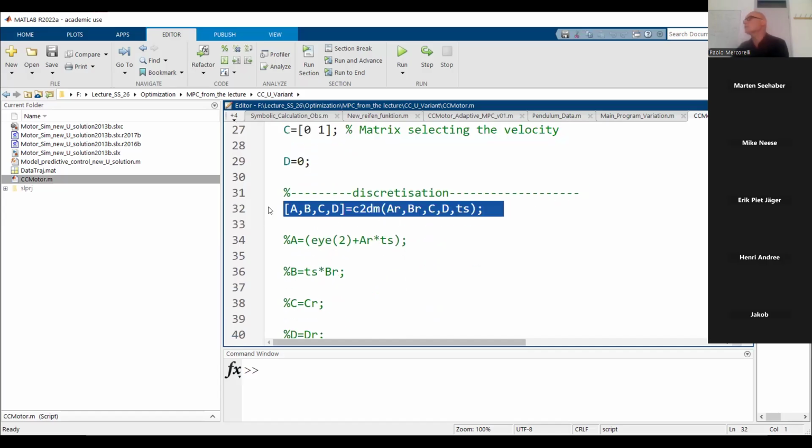Instead of calculating as I did in the presentation, I use the MATLAB command c2d, continuous to discrete mode, in which I am using the exact transformation. It's not the Forward-Euler transformation. It's based on a different principle.